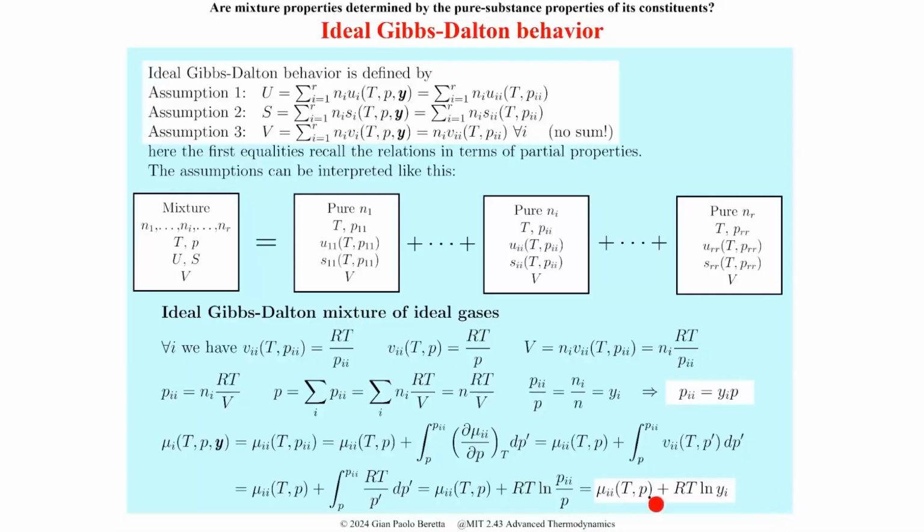So it doesn't depend on other things of the mixture. For example, what are the other components, or how many they are, except that all we need is to know what fraction our component occupies in the mixture.